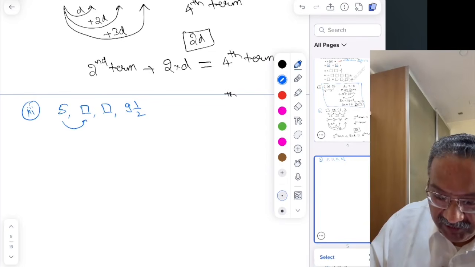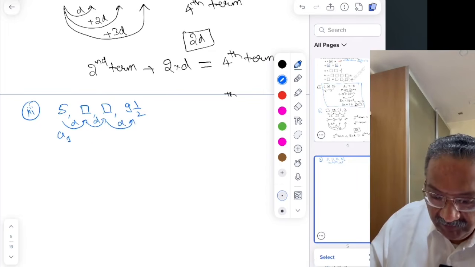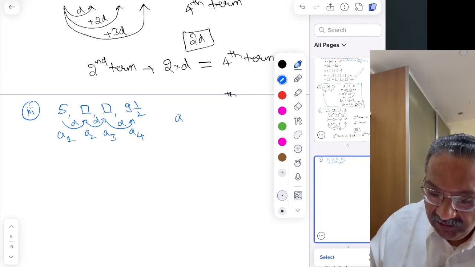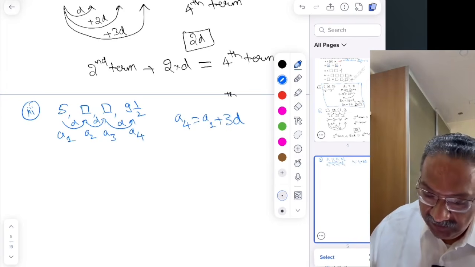From here to here is d, from here to here is another d, and another d. Or you can say this is a1, a2, a3, a4. We know that a4 is equal to a1 plus 3d. Correct? So we know a1 and we know a4. a4 is 9.5, which is equal to 5 plus 3d.